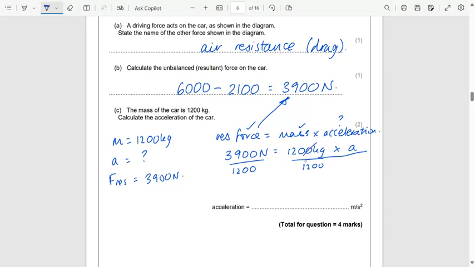Okay, these cancel, which means that acceleration is 3,900 divided by 1,200, which gives me 3.25.